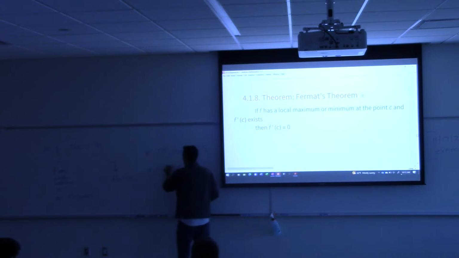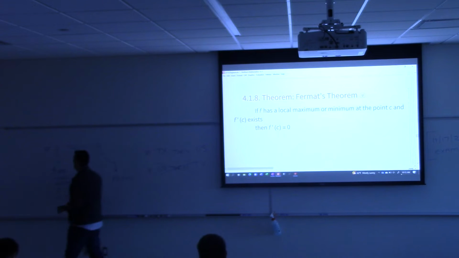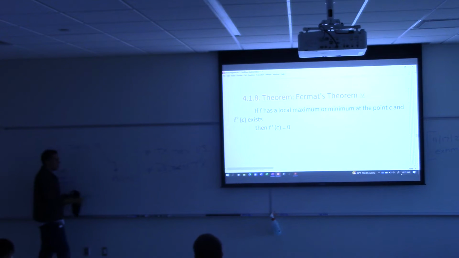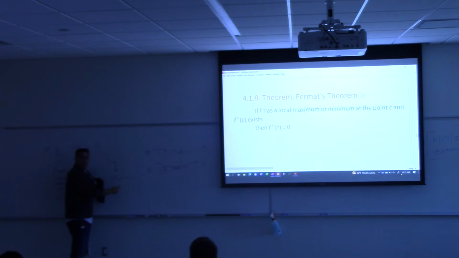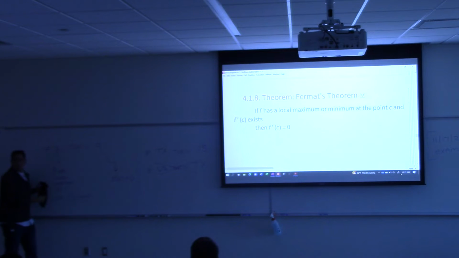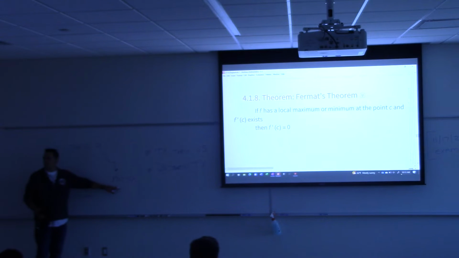The big danger with this theorem is that students will read it the wrong way. They'll say, oh, look, anywhere the derivative is 0, I have a local max or min. You can't read it that way. This says if you have a local max or min and the derivative exists, then we can promise you that the derivative is 0. All right?